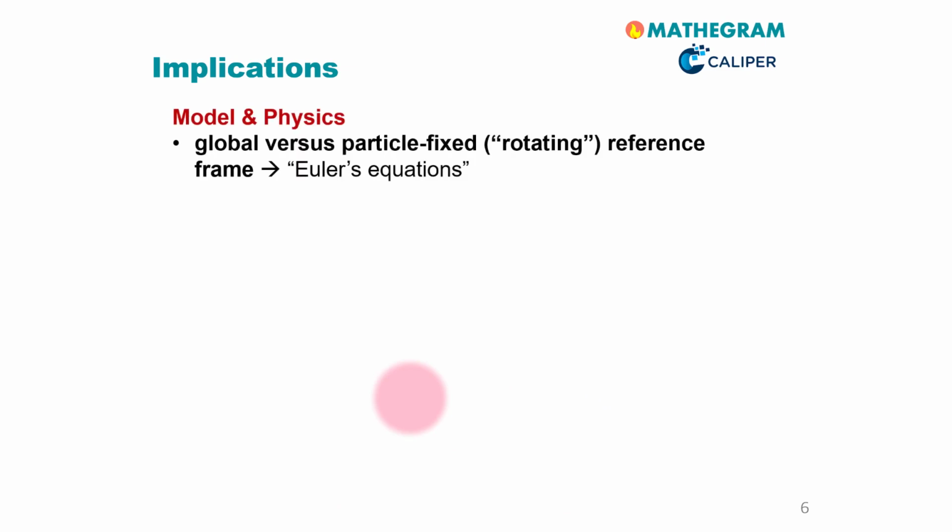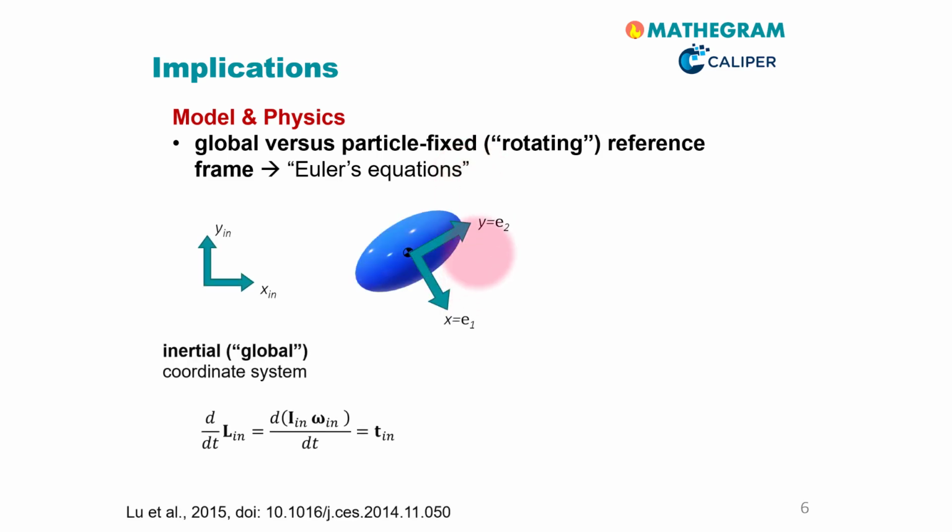Let us now have a look at the implications of this global versus particle fixed rotating reference frame. This leads us to the so-called Euler equations that we will discuss later one more time. However, let's look at the equations that we have written down in the very early part of the MOOC. This is the balance equation of the angular momentum in the system.